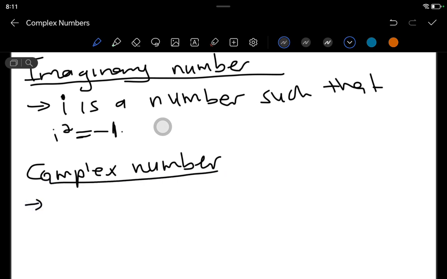With a complex number, we are going to say that this is a number in the form of a plus bi.